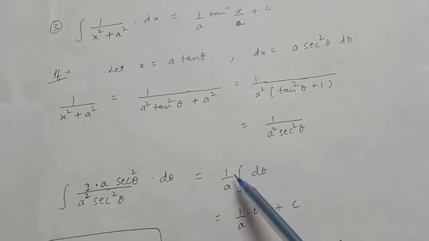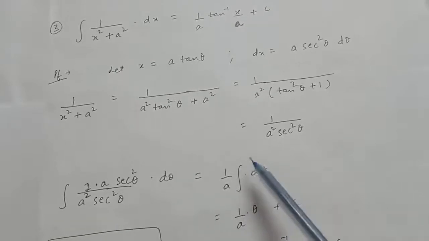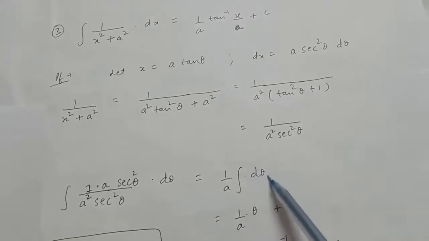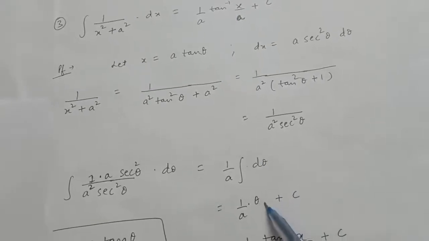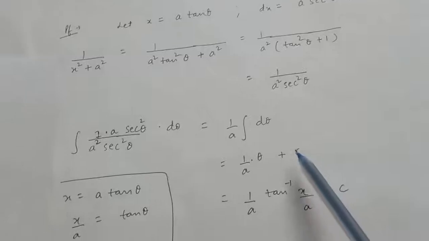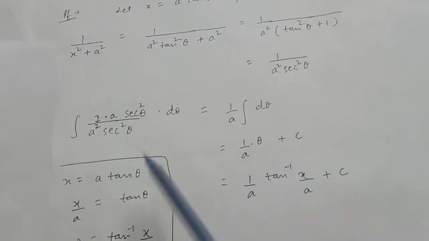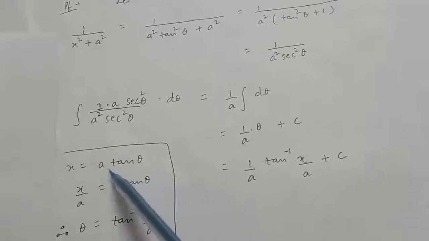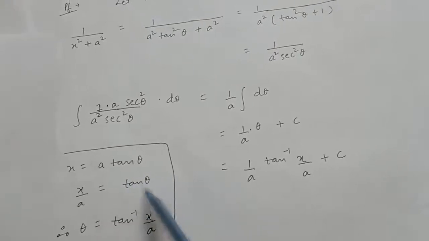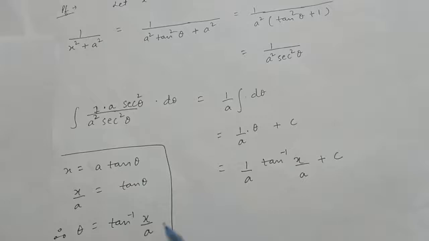1 by a is constant, so take out 1 by a common. Integral of 1 into d theta. Now integral of 1 is theta plus c. Now we assumed x as a tan theta. Therefore tan theta will be x upon a, and therefore theta will be tan inverse x by a.